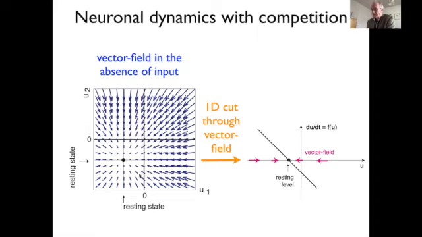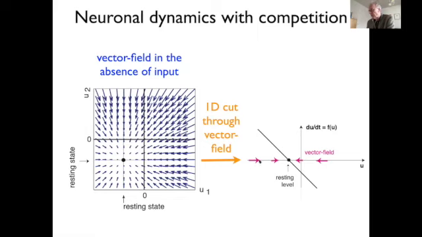Specifically, for instance, if I take this particular level for U2 and just look at how this varies as a function of U1, then what I'm actually plotting here are these vectors along the U1 axis whose length reflects the rate of change in U1.